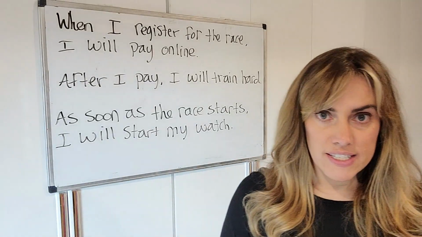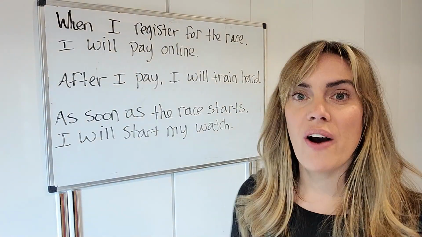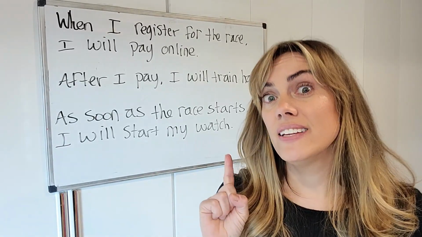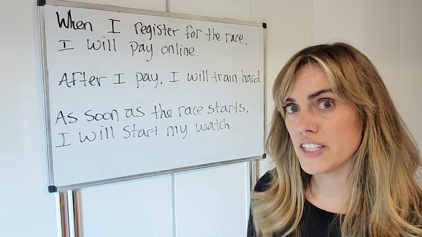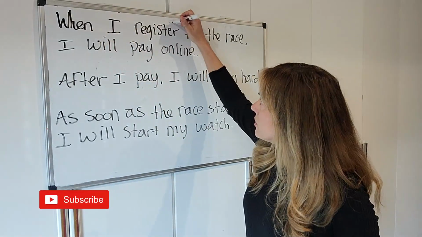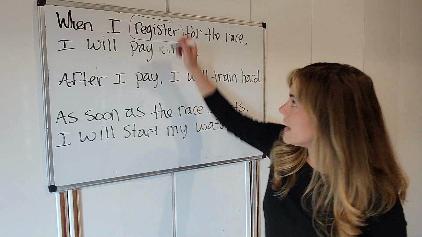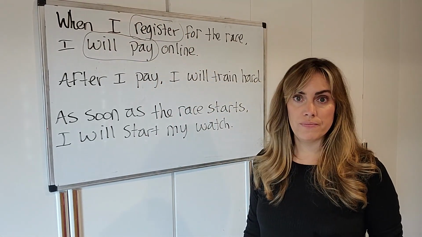All of these sentences have future time clauses in them. Let's review our rule, how the time clause needs to have the simple present and the main clause needs to use future. When I register, simple present, for the race, I will pay online, future.